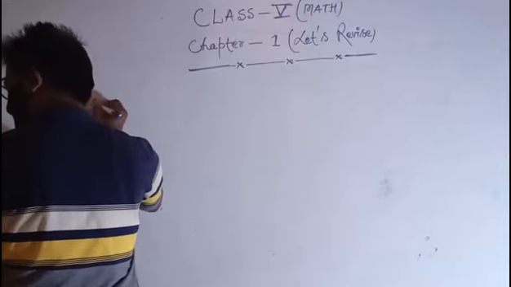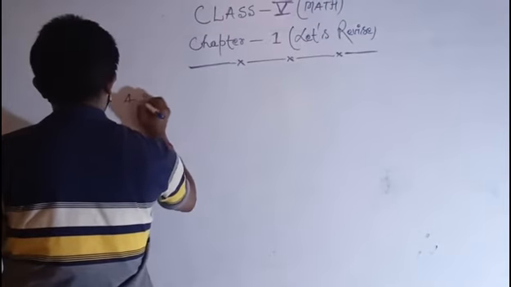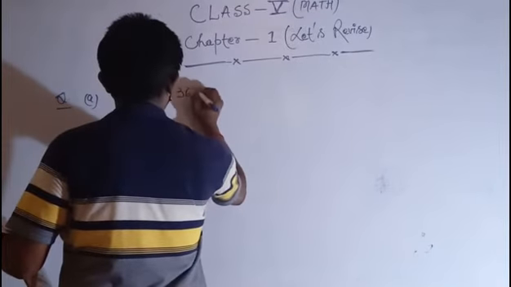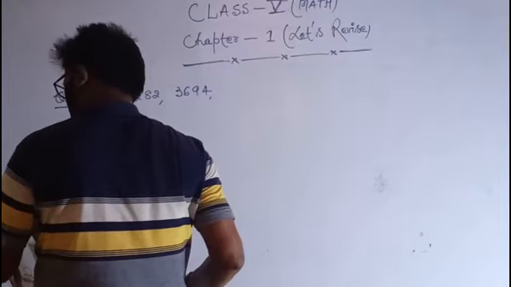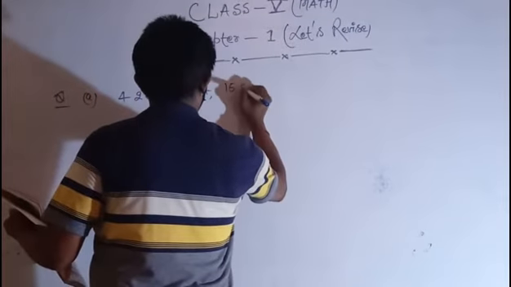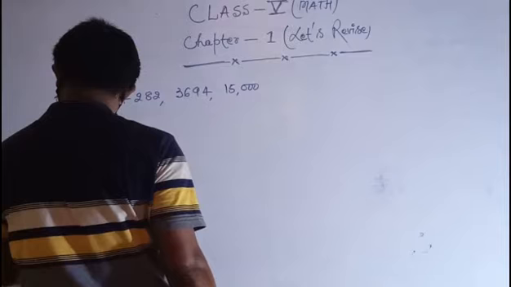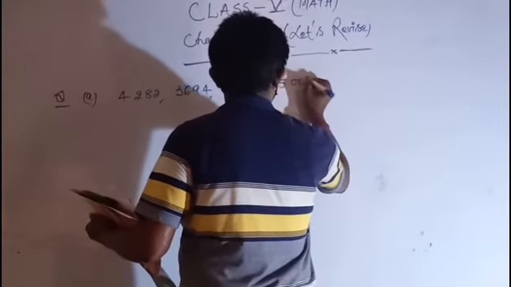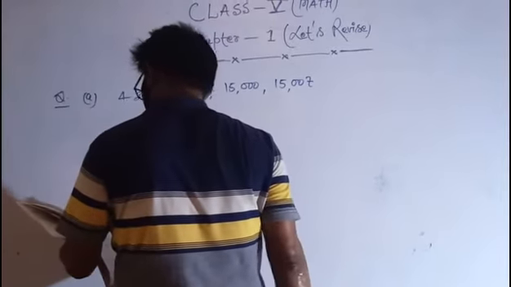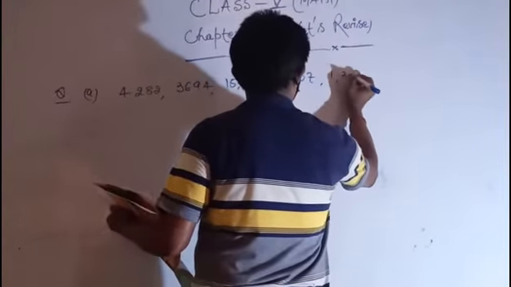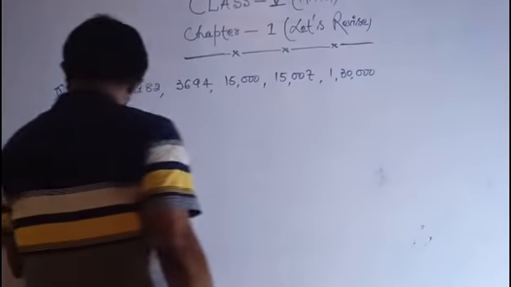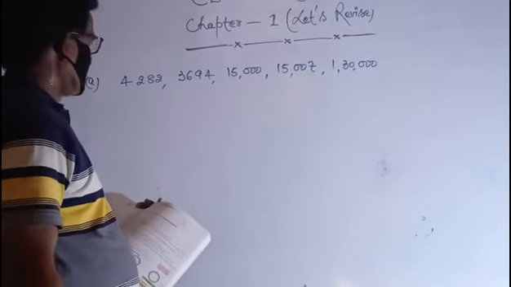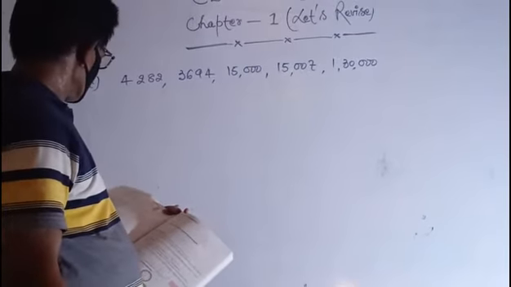Question: 4282, 3694, 15007, 15000 and 13000. There are 5 numbers. You have to arrange them in ascending order.